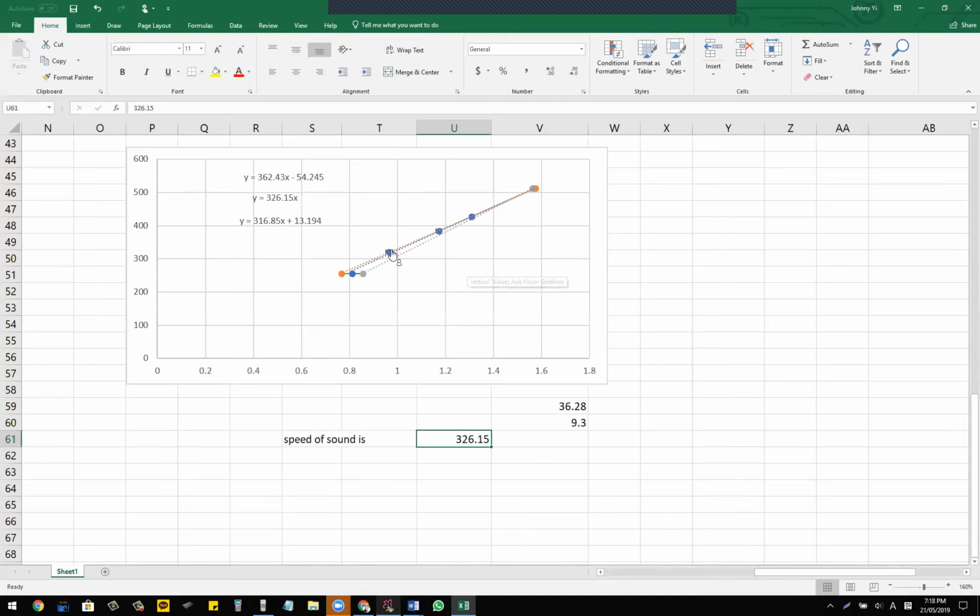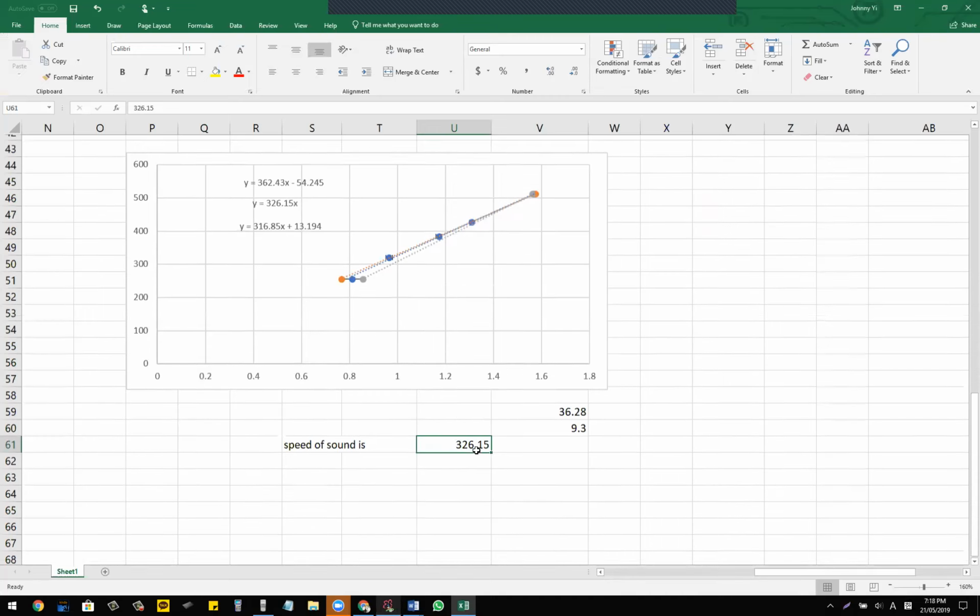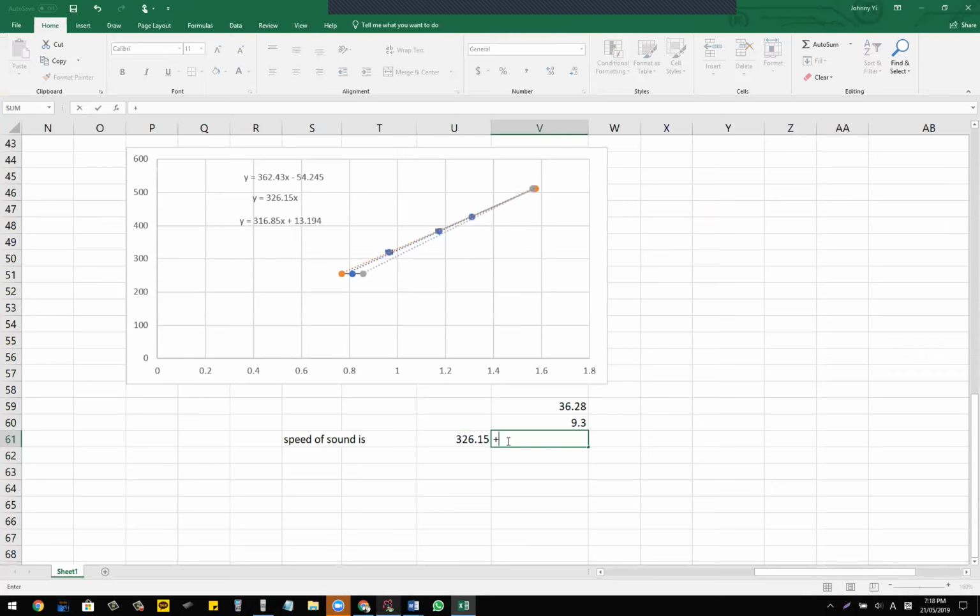Now, so anyway, the speed of sound is this, plus and minus whatever. So you take the difference between these two, and whichever is bigger, we take that as the error. So it's equal to plus or minus 36.28. So that'll be the error, that'll be the uncertainty.